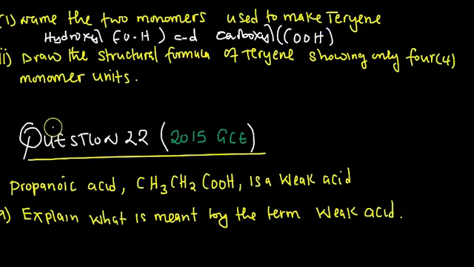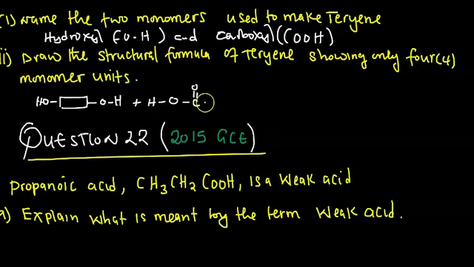Okay, so here they're asking for the structural formula of pyrrolene showing 4 monomers. So I'm going to start with the hydroxyl, joining, then plus the carboxyl.